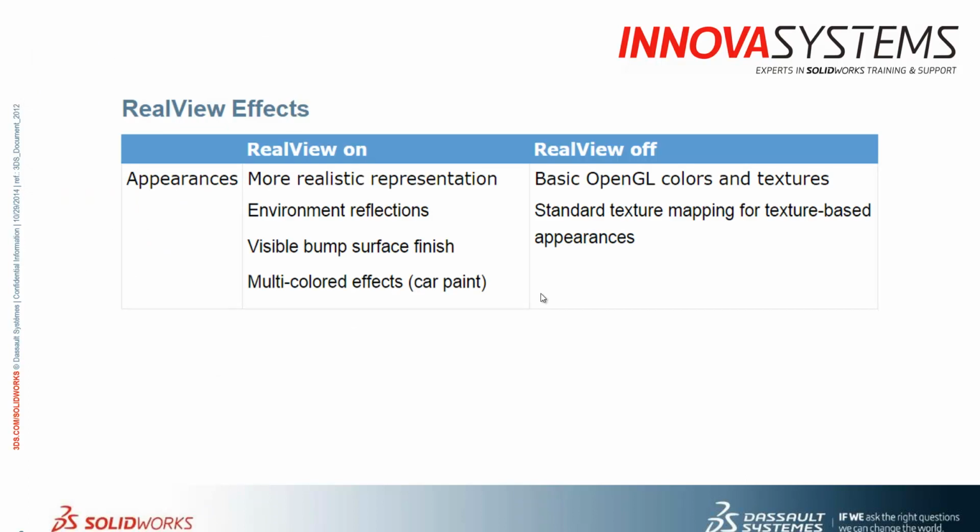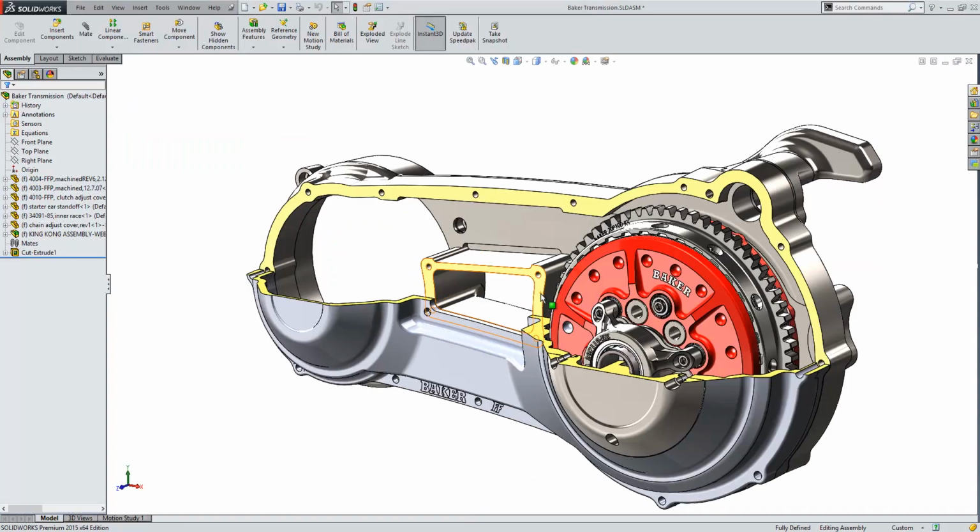When you have RealView on, you get a more realistic representation of the appearance. You get environment reflections, you get visible bump surface finishes and multicolored effects. With it off, you get basic OpenGL colors and textures, standard texture mapping for texture-based appearances. So we'll see that in action in just a second.